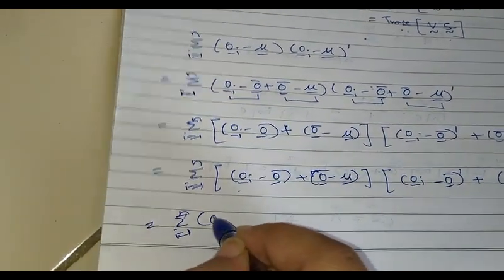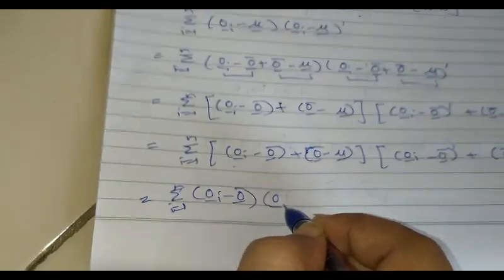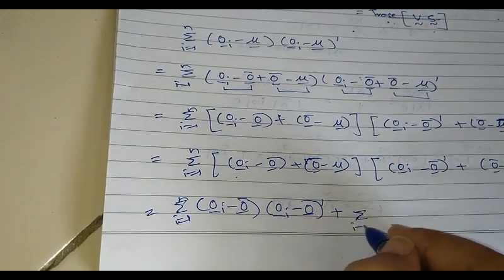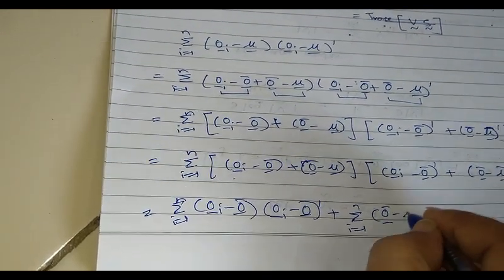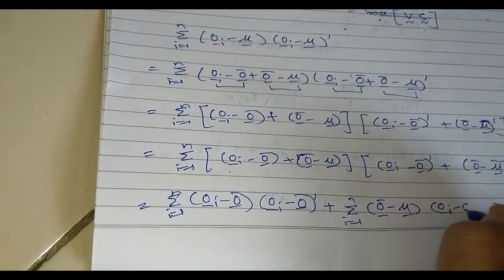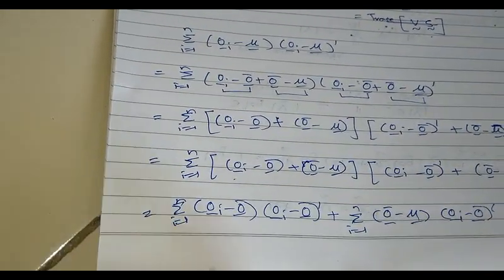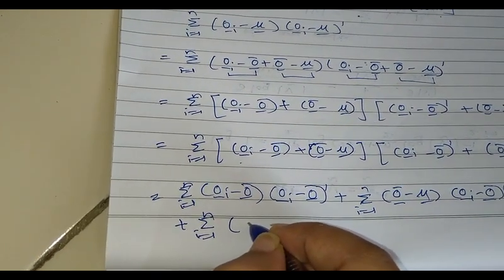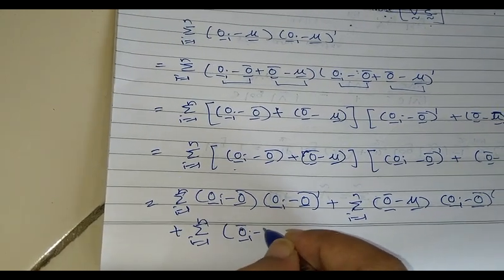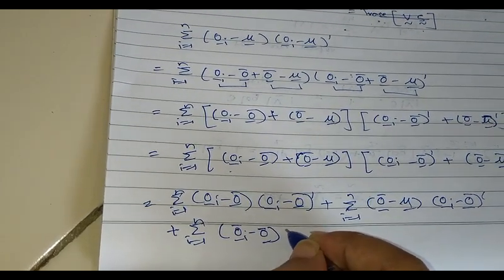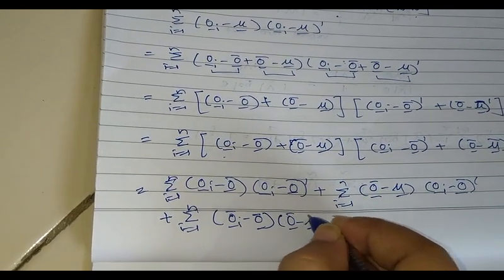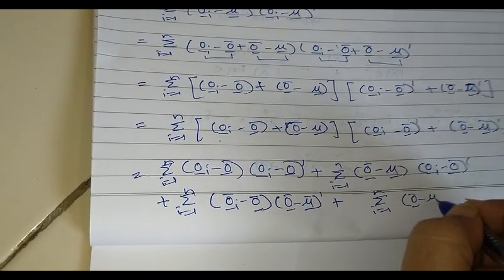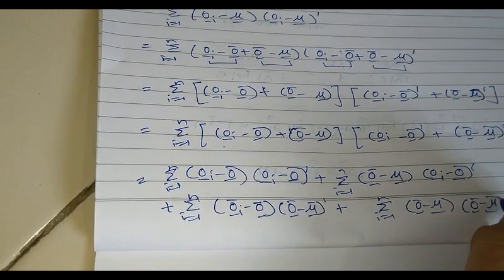First term will be y minus y bar into y minus y bar prime, plus second term will be sum over i going from 1 to n, y bar minus mu into y minus y bar prime, plus sum over i going from 1 to n, y minus y bar into y bar minus mu prime, plus sum over i going from 1 to n, y bar minus mu into y bar minus mu prime.